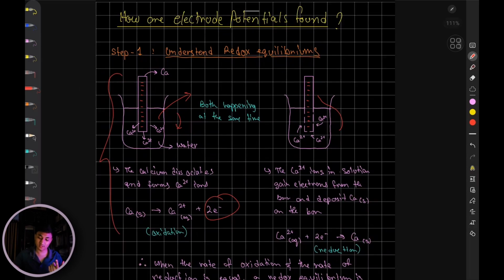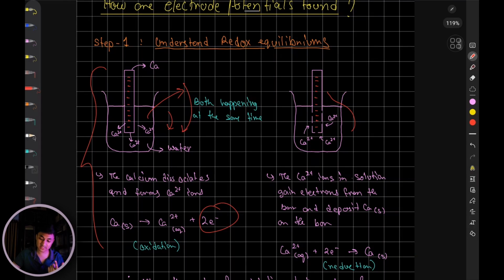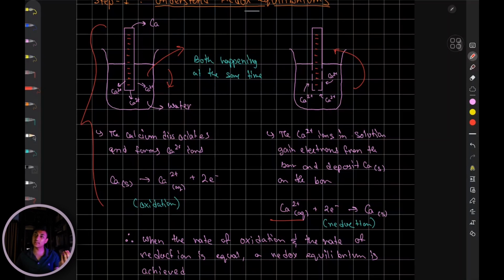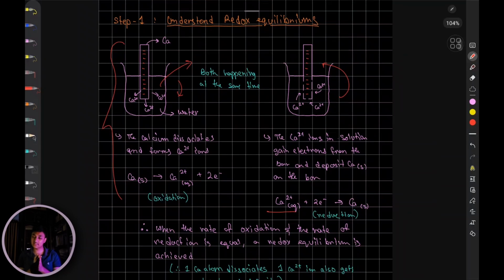We can see one, oxidation, loss of electrons. We can also see reduction, gain of electrons. Some of the calcium ions are now going to gain electrons and form calcium atoms. Now, once the equilibrium is established, the rate of this reaction is equal to the rate of this reaction.